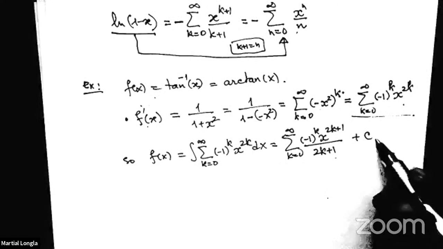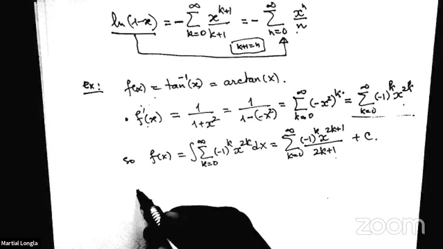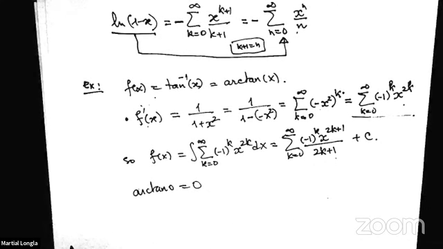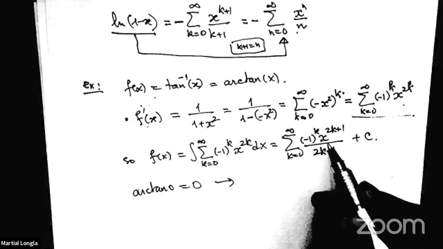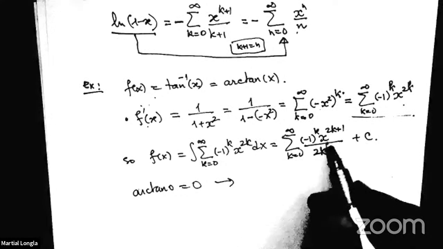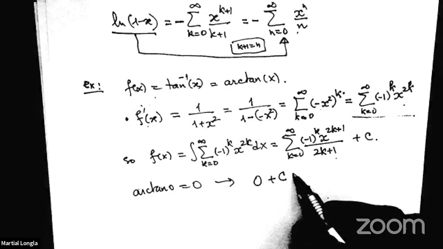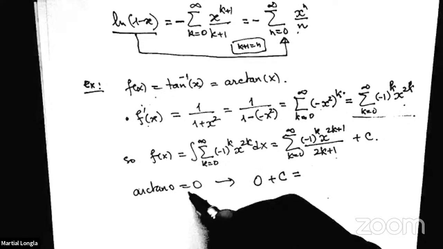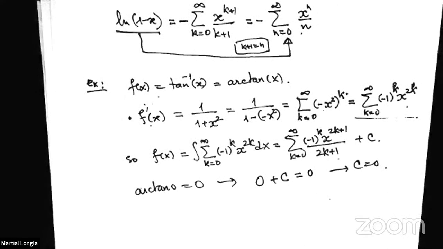And then we have a constant of integration. Yet we also know that arctangent of 0 is 0, right? So we use that value. When x is 0, this sum is 0. That will be 0 plus c equals, and arctangent of 0 is 0. So here you also have c equals 0.